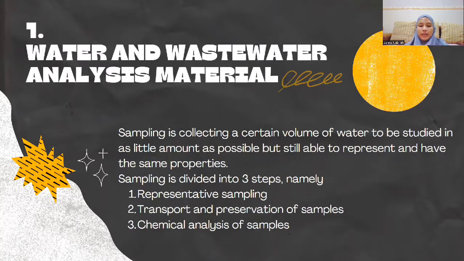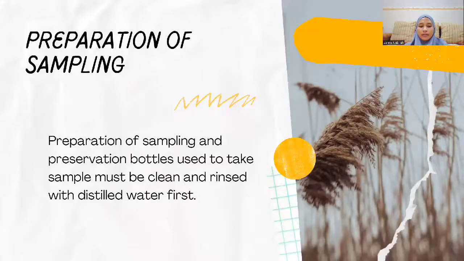Preparation of sampling and preservation: bottles used to take samples must be cleaned and rinsed with distilled water first, and if taking samples using bottles or pipes that have been used for other samples, they must be cleaned first, so as not to be contaminated.